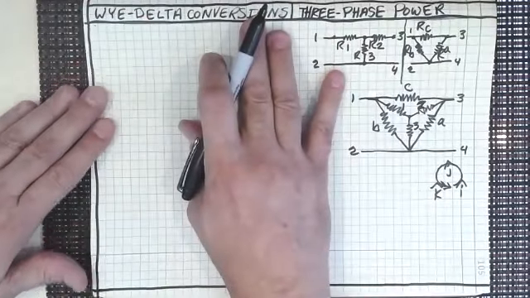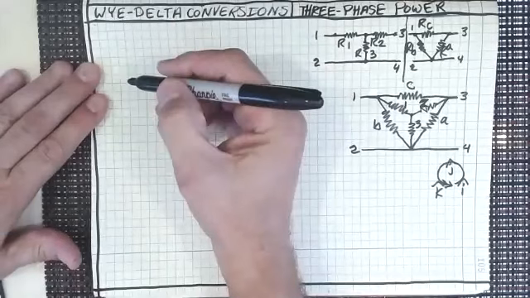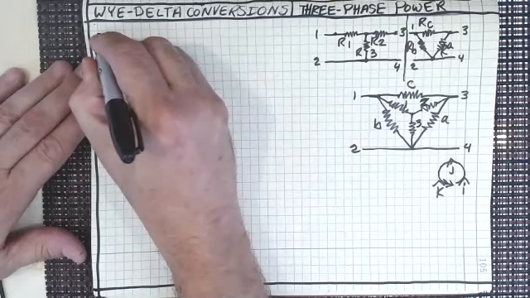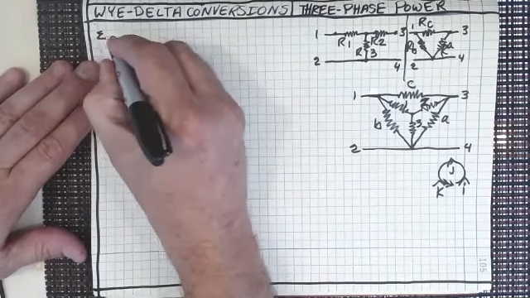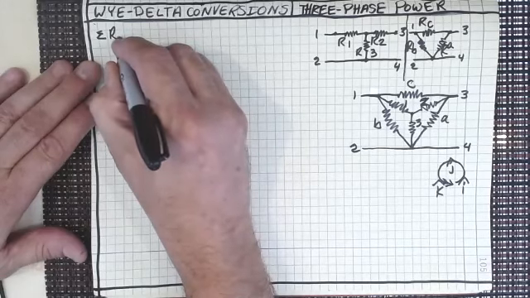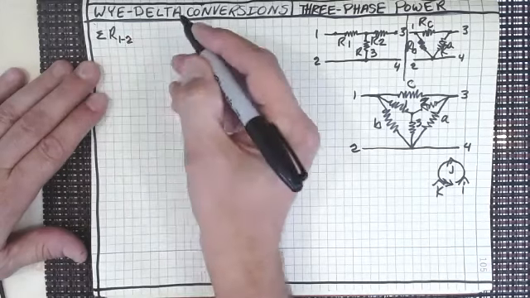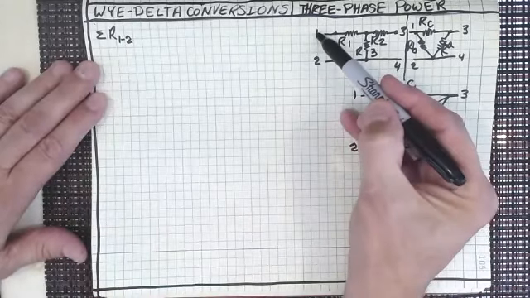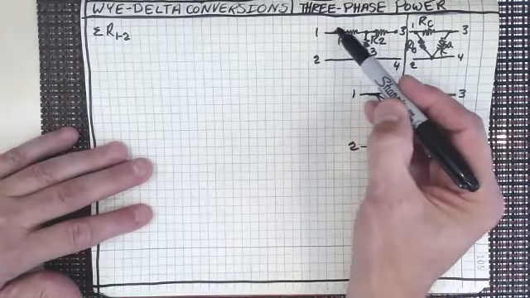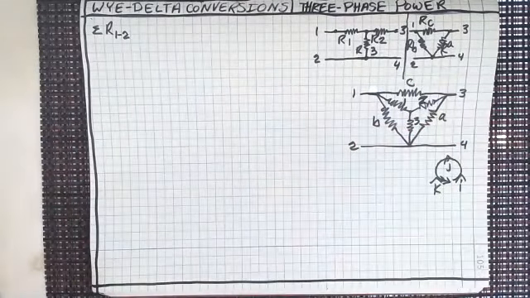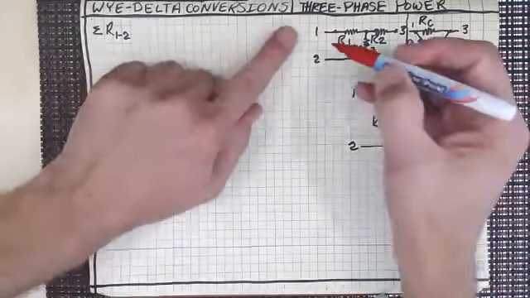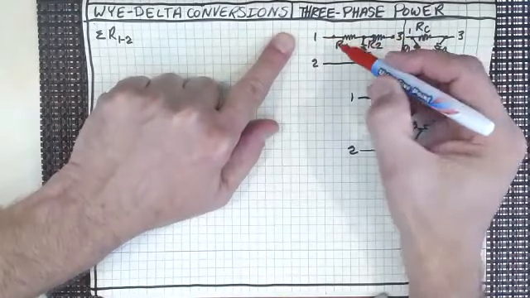Now, if I'm looking at the route, let's look at the summation of the resistance in the route from 1 to 2. So I'm going from here down to here. What are the resistors that would be in that route for the current to go down through there? So from 1 to 2, I would go like this, wouldn't I?